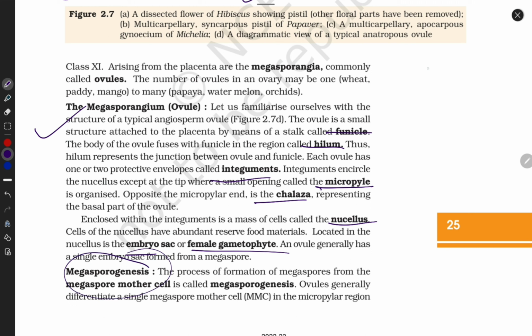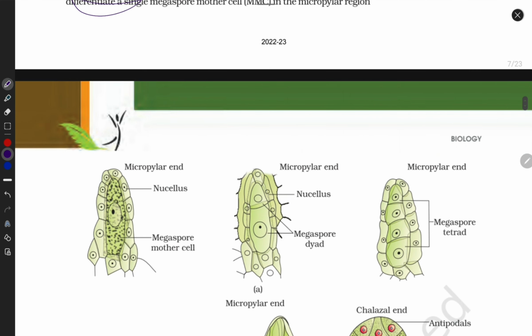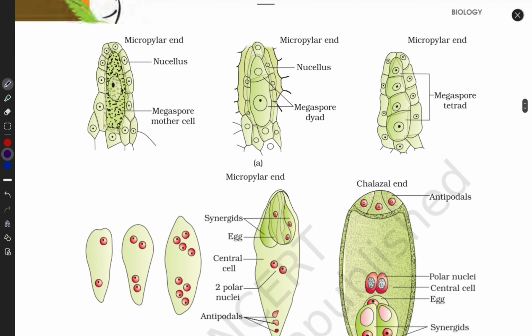Okay, megasporogenesis means one cell divides and the final stage is what? Four megaspores. But in the case of microsporogenesis, all are from the pollen grain. But in the case of megasporogenesis, only one cell is developed and converts into what? Egg. Look at here, their division.